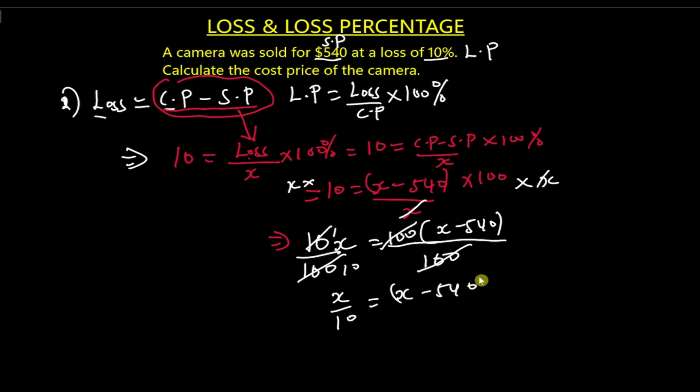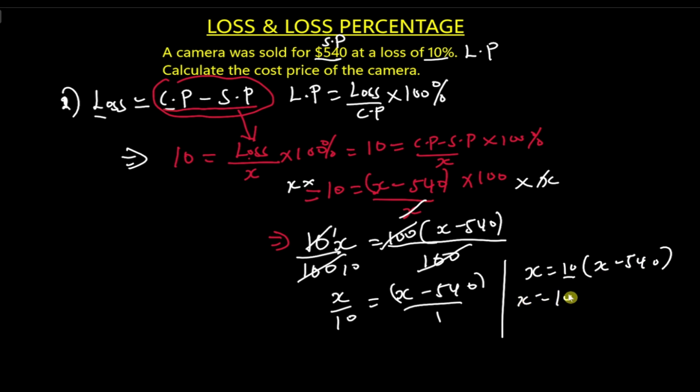Now this one also, we can do cross multiplication. The x will multiply this one, the 1, and then the 10 will multiply this one. So when you do cross multiplication, you are going to have x, which is equal to 10 bracket open x minus 540 bracket close, and then let's multiply the 10 by what is in the bracket.